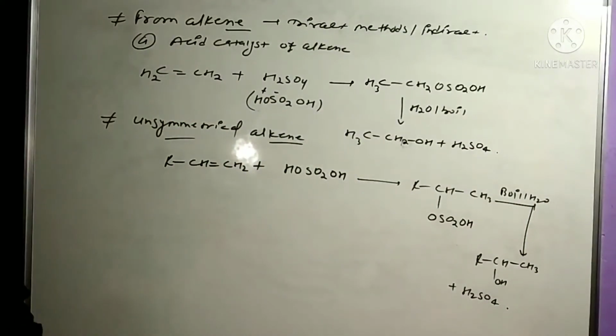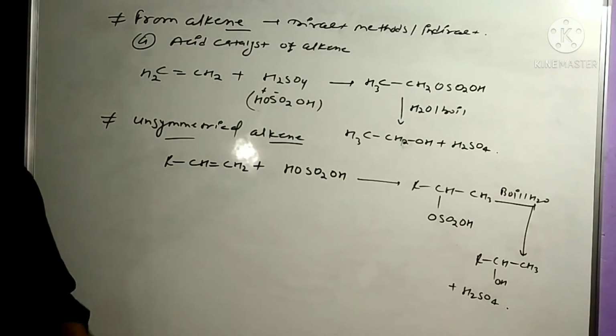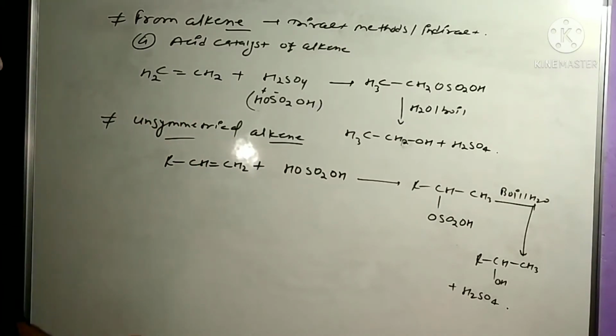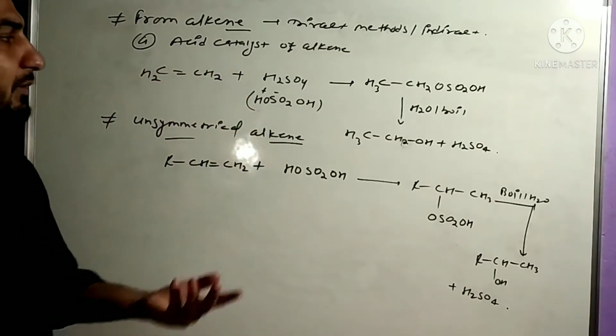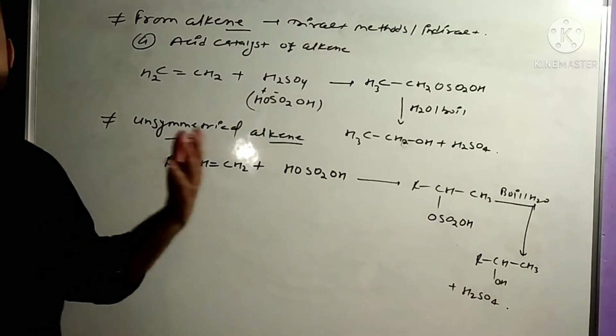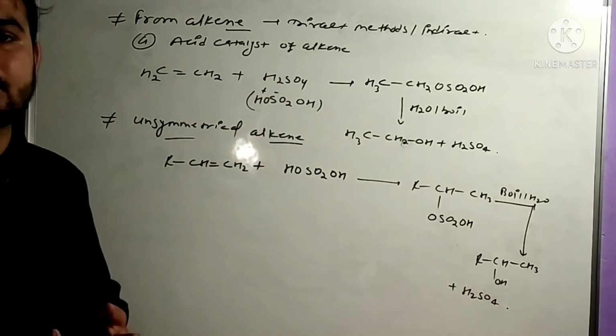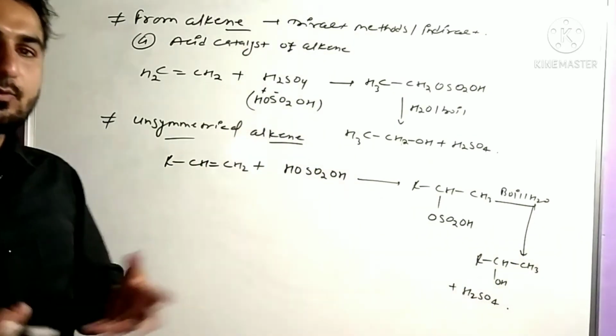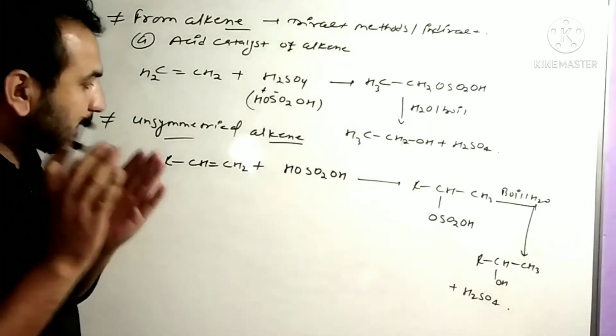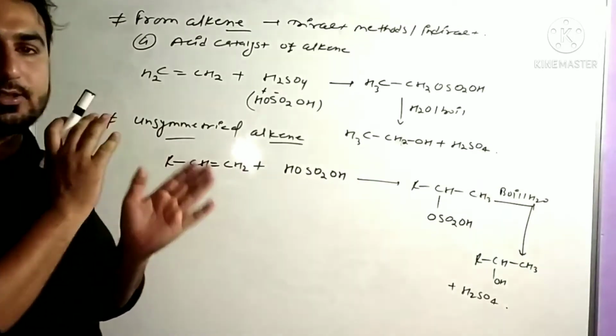In this method, you are observing that you have two kinds of alkenes. One is symmetrical and one is unsymmetrical. In symmetrical alkene, there is no effect where you add the H and where you add the negative part of the remaining acid. Clear? But whenever you have the unsymmetrical alkene, we have to strictly follow the Markovnikov addition here.